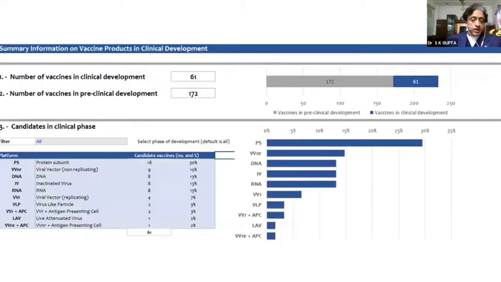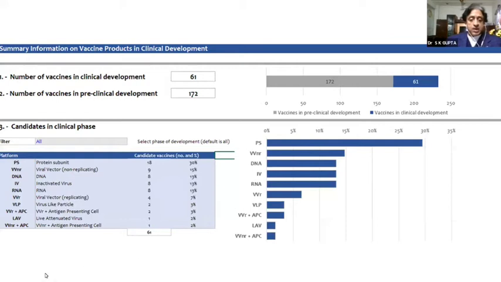Let's go into the details of how various vaccines on board are using which sort of technology. This is the data which was downloaded yesterday, and we have nearly 233 vaccines on board, out of which about 61 vaccines are in the clinical phases, and about 172 vaccines are in preclinical development.